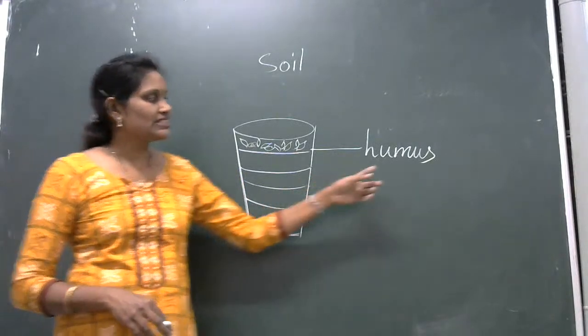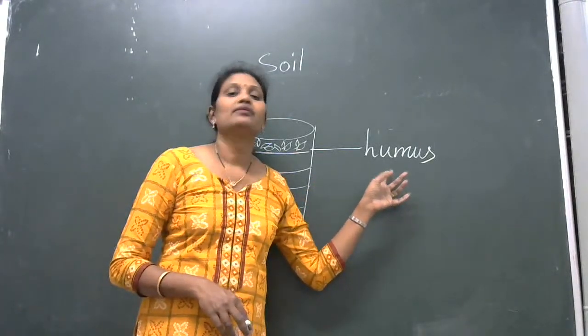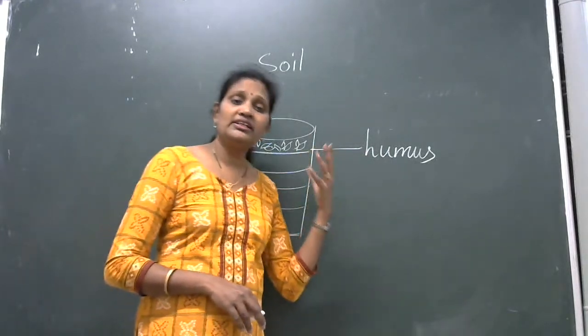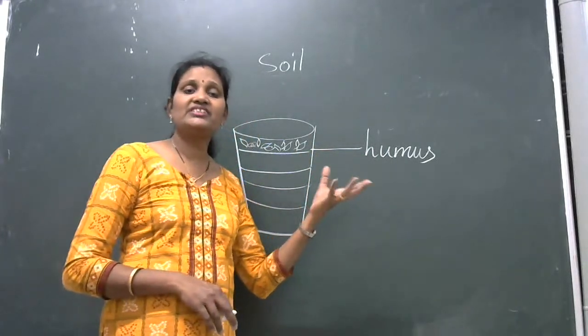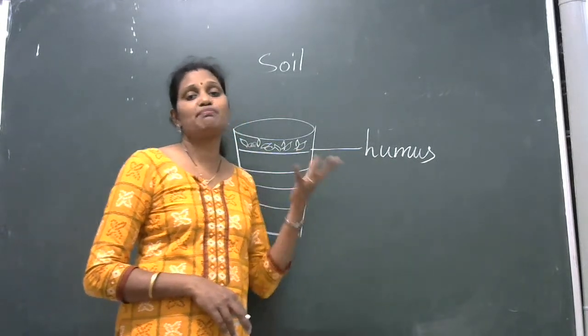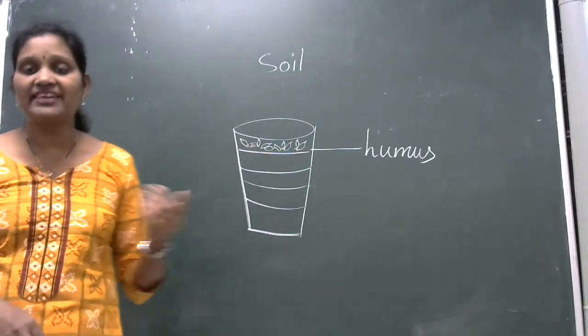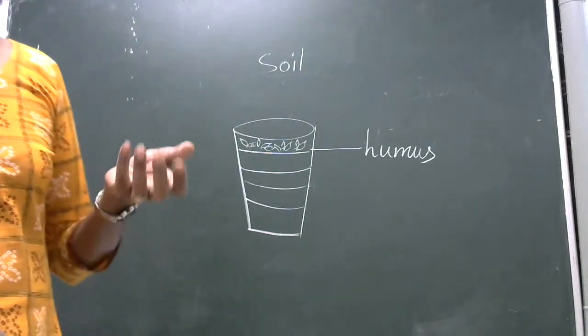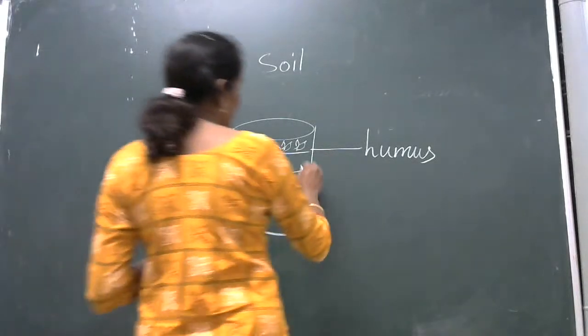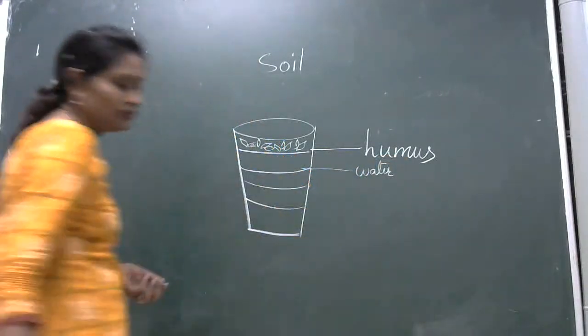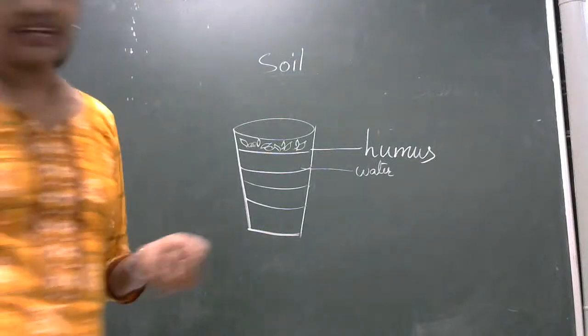So this humus is the nutritious soil. The decomposed material is mixed in it and it is black in color. So the uppermost layer is the humus. Then this is the water. Then is the clay.